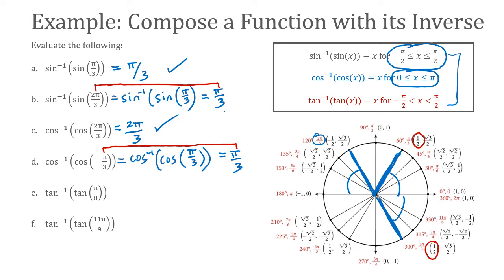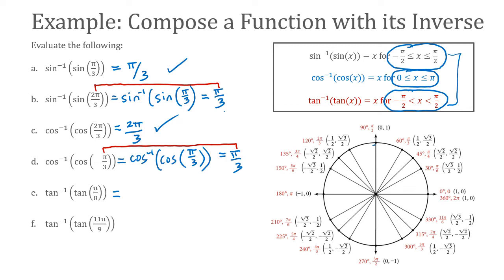How about, we'll switch to tangent. For tangent, let's see here. So we have tangent inverse of the tangent of pi over 8. And for tangent, we have to be within the border of negative pi over 2 to positive pi over 2.